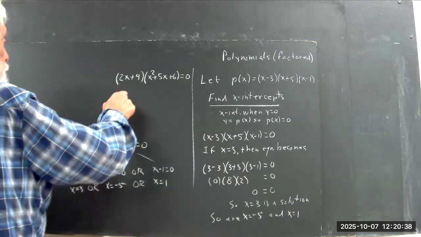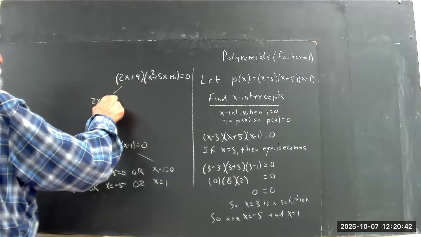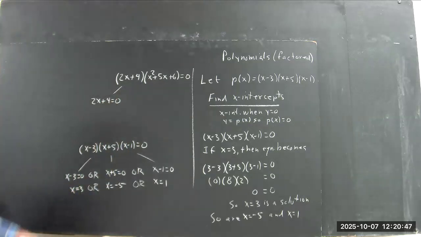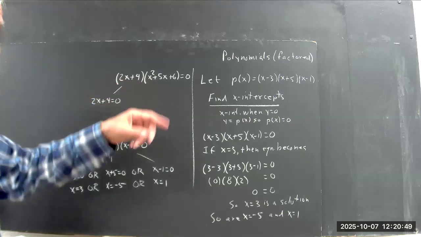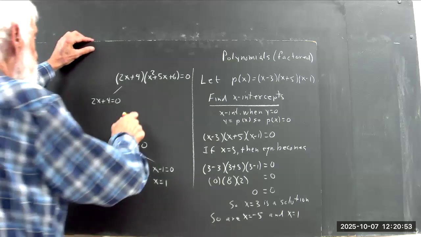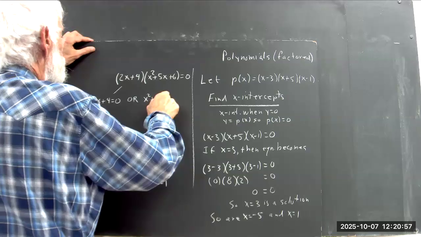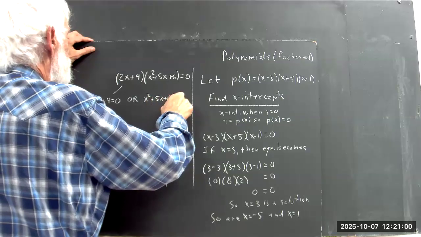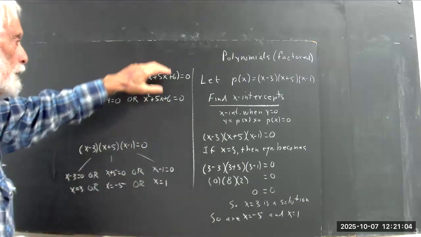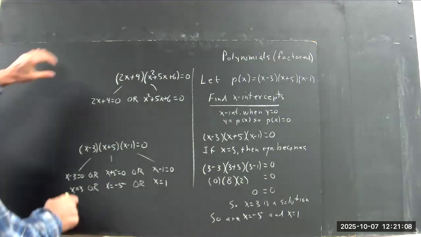Okay, up here, we can say 2x plus 4 equals 0. You can kind of see if x equals -2, that's going to give you 0, but we just write it out as an equation. Or x squared plus 5x plus 6 equals 0. So this equation splits into 2 equations, which you can easily solve.